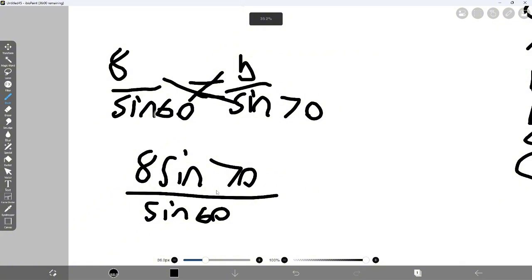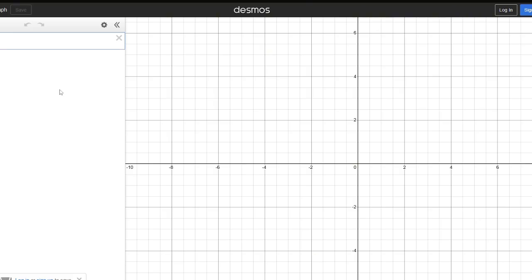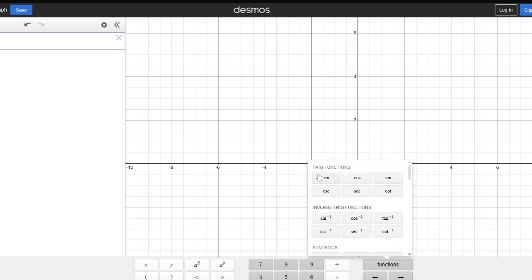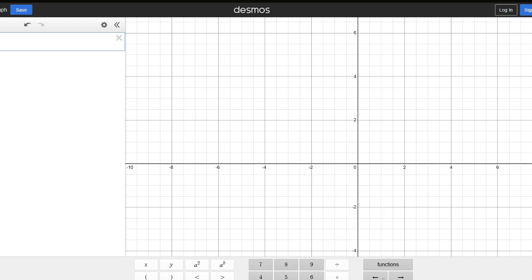And after you get this, you can then plug it into our calculator. Okay, so what you want to enter into your calculator, hold up here and put 8, and it'll be like, oh, how do I get the sine, Nolan? So you go to functions, and there's trig functions and inverse trig functions. These will come in later. But for the trig functions, you want to put sine.